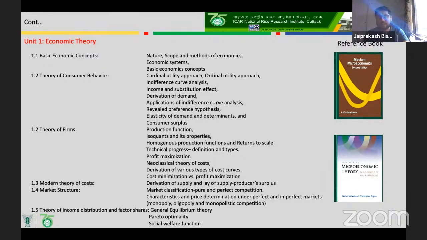But in microeconomic theory, apart from the concepts, you should be very thorough about the mathematical expressions which are required. Why am I saying mathematical expression? Because when you are writing in the examination, mathematical expression reduces your drudgery. It reduces your labor. When I say the cost is a function of output, technology, fixed factor, price of factors, I write all these things in one equation only, giving all the information.